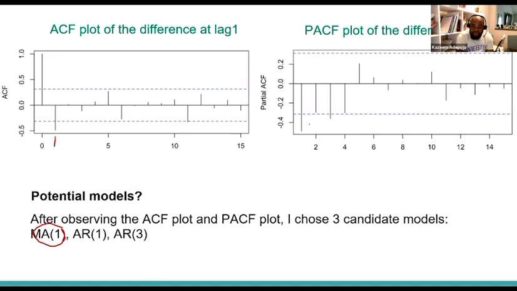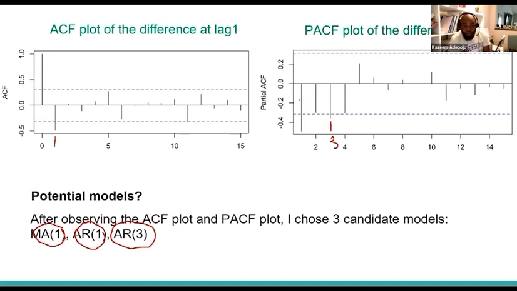Not only that, even after lag three it cuts off as well. So the PACF here is giving us the idea of AR1 and AR3, and the ACF plot is suggesting MA of order 1.